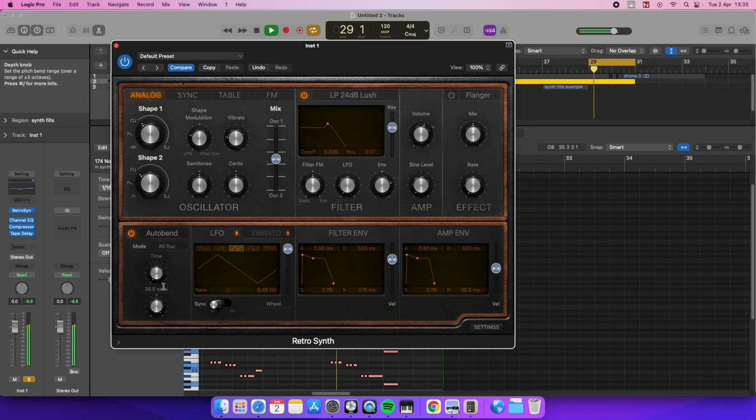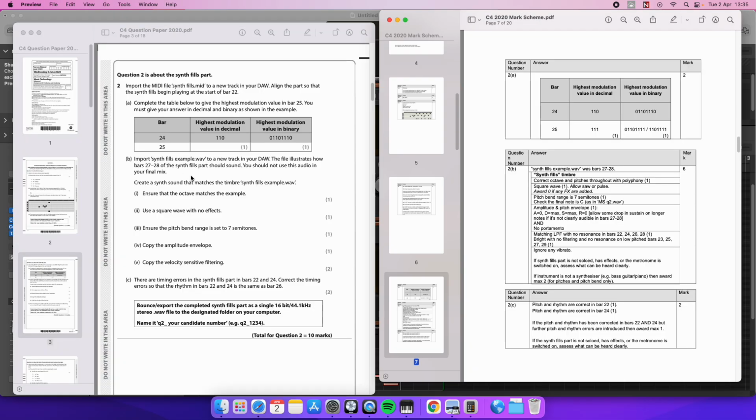Let's try and make that great. Doesn't actually seem to be doing anything. Pitch bend range, 7 semitones.